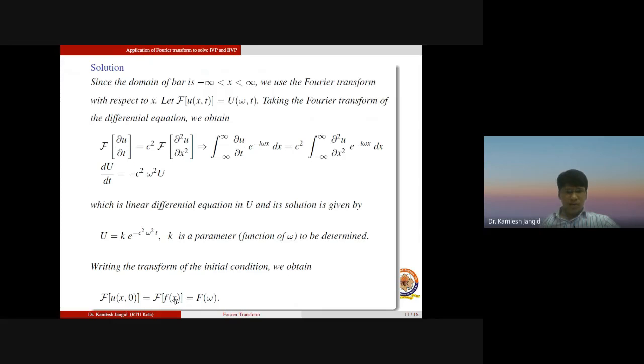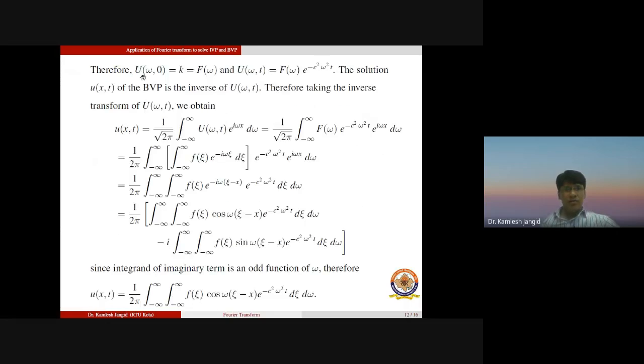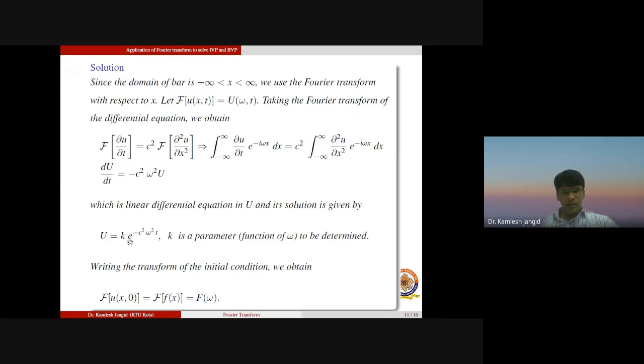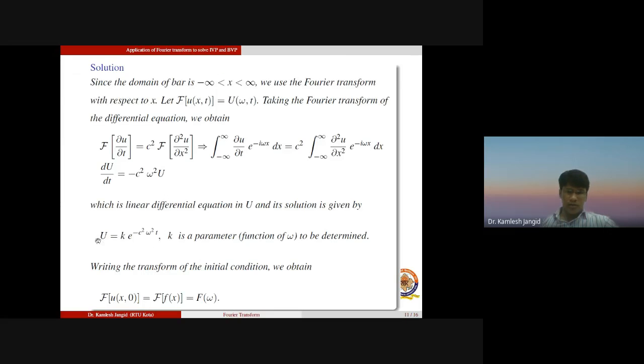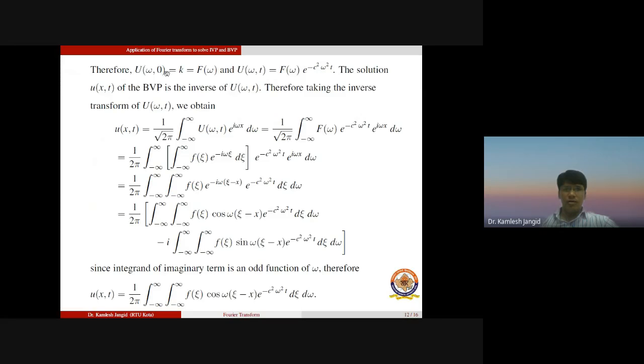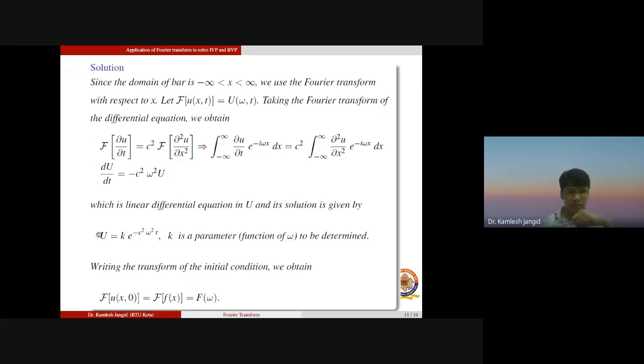We obtain that the Fourier transformation of u(x, 0) equals the Fourier transformation of the function f, which suppose is capital F(ω). Therefore, if we put t equals 0 here, then we find that U(ω, 0) equals k, which equals F(ω), because your initial condition is given in this form.